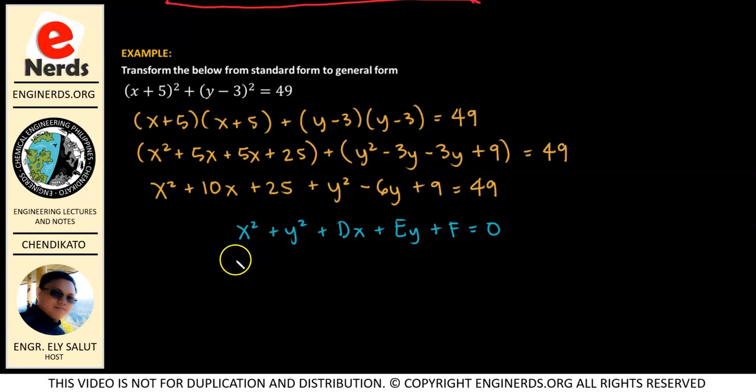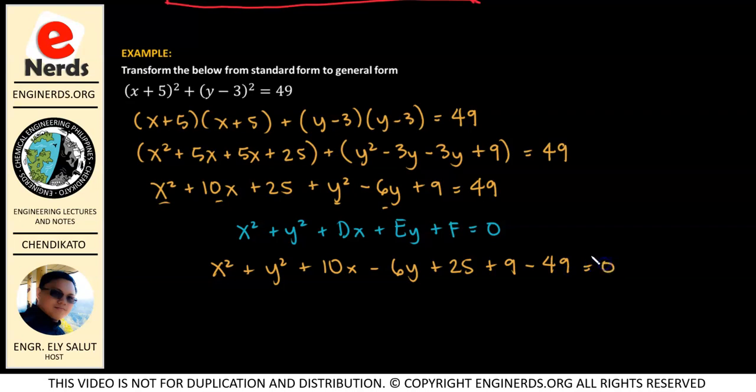So we have x squared plus y squared plus 10x. Ito yun. Minus 6y. Ito yun. Then our constant. So we have plus 25 plus 9 minus 49 is equal to 0.